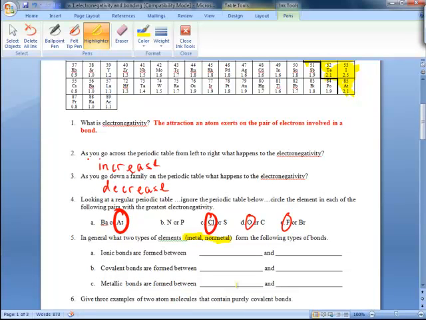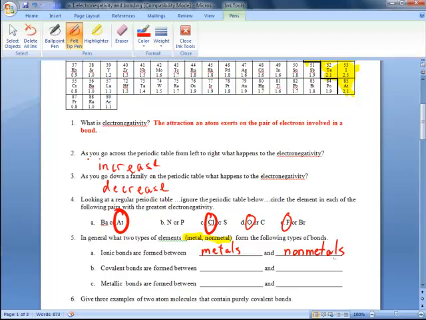Well, keep in mind that if your atoms are far apart on the periodic table, like metals and nonmetals, we're going to have an ionic bond because the electronegativity differences are going to be larger.